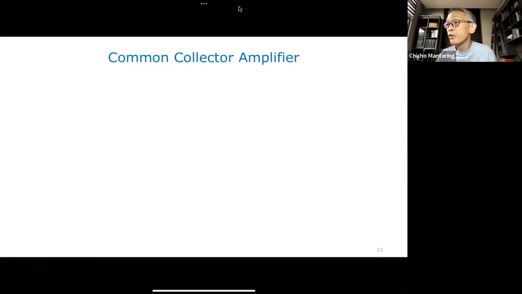Okay, let's do now your common collector amplifier. So what is a simple common collector amplifier?